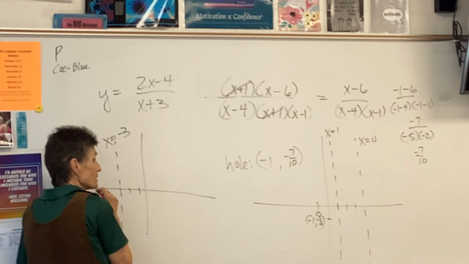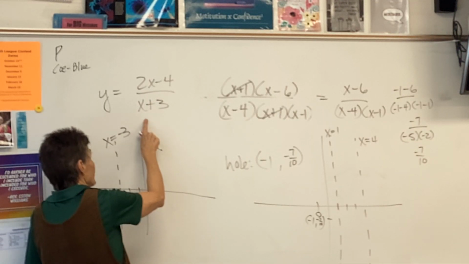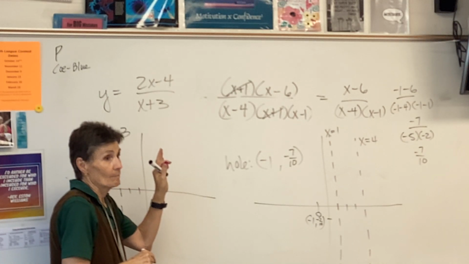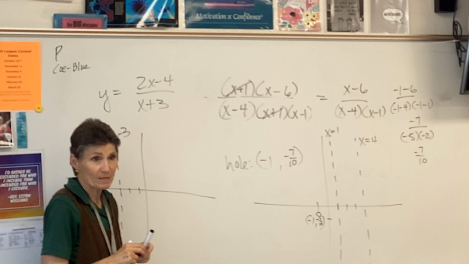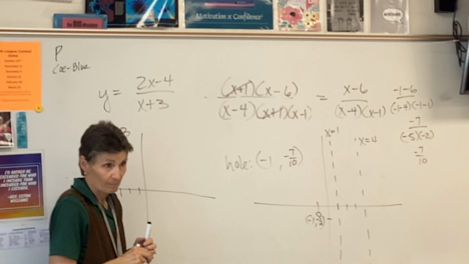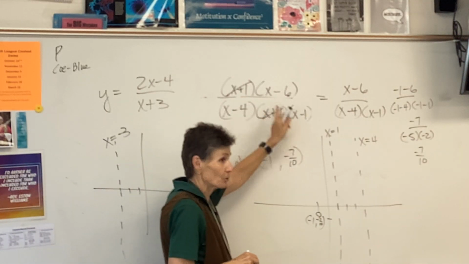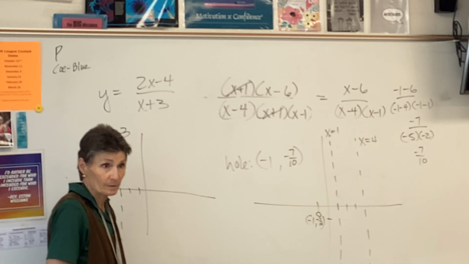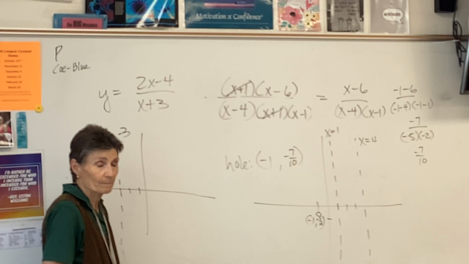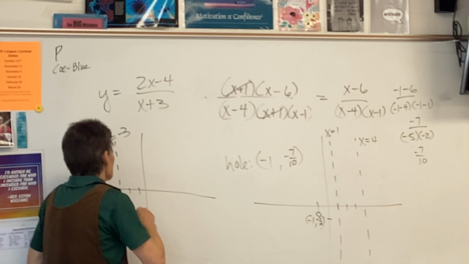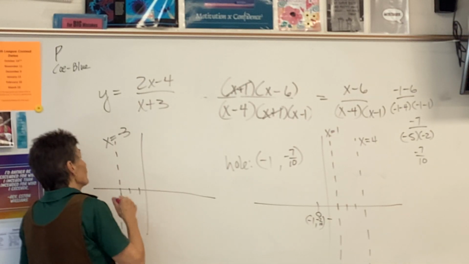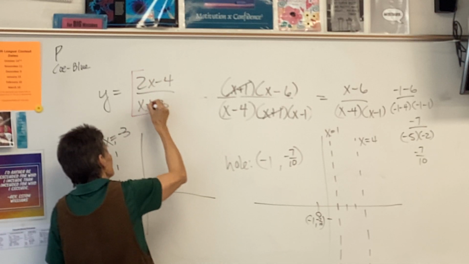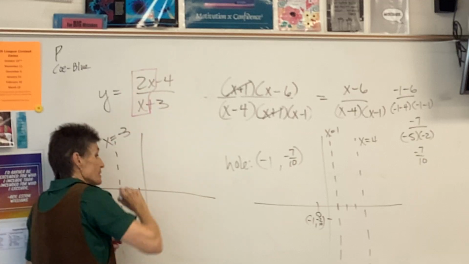To find your horizontal asymptote, you look at your problem. Oh, by the way, does this one have any holes? No, because what's the only way you can have holes? You have to be able to cancel. If you can't cancel, then you won't have any holes. To find your horizontal asymptote, you box in just the x's.